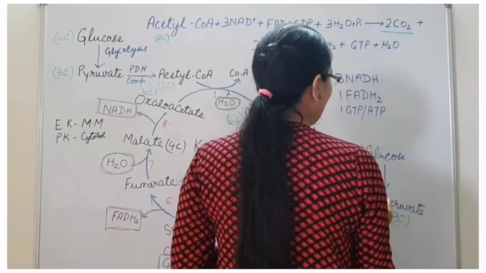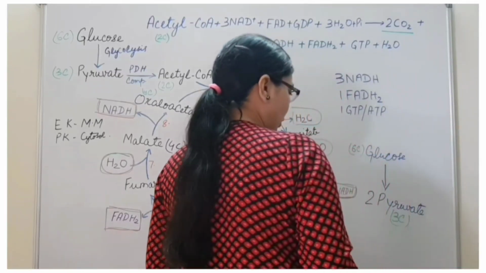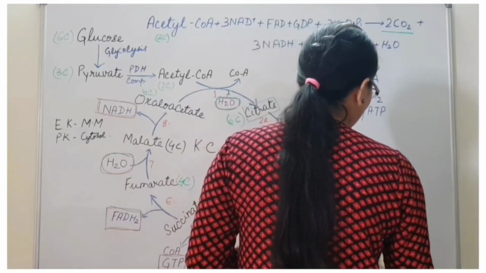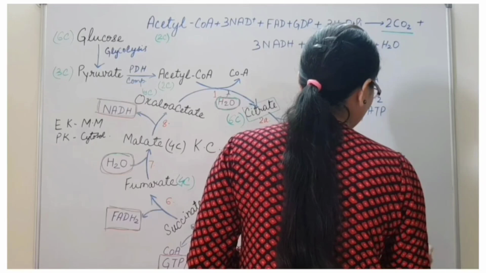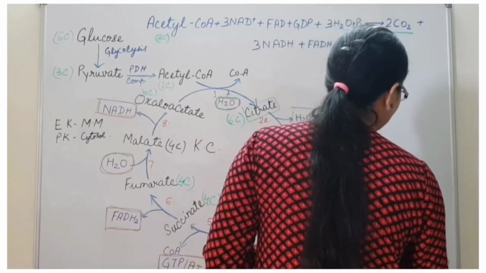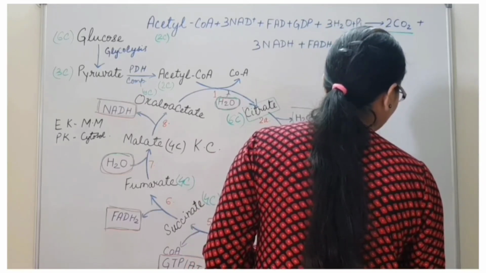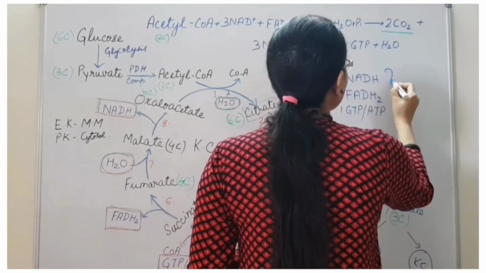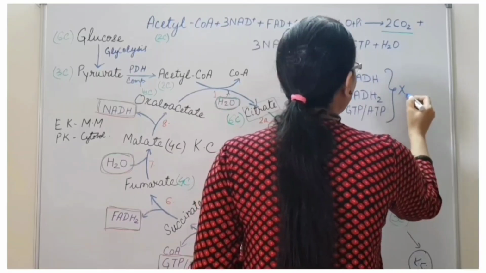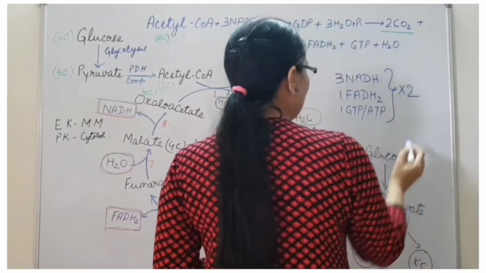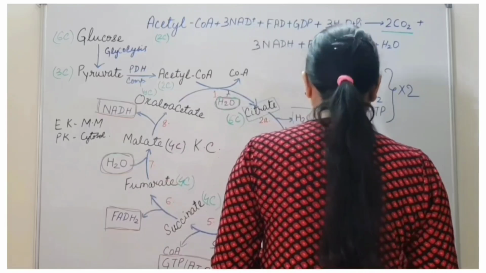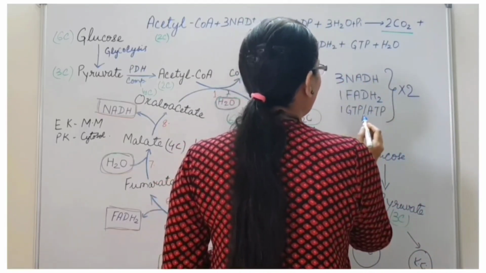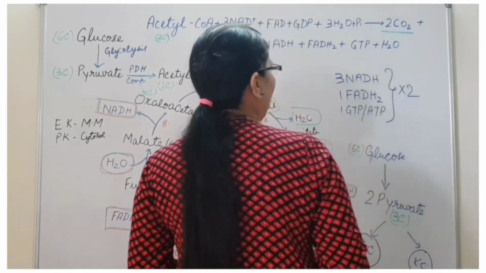So from one glucose molecule we get 2 pyruvate molecules. Therefore 2 Krebs cycles are taking place. So this is multiplied by 2 because it is involving 2 Krebs cycles. Thus we get 6 NADH, 2 FADH2 and 2 GTP or ATP molecule.